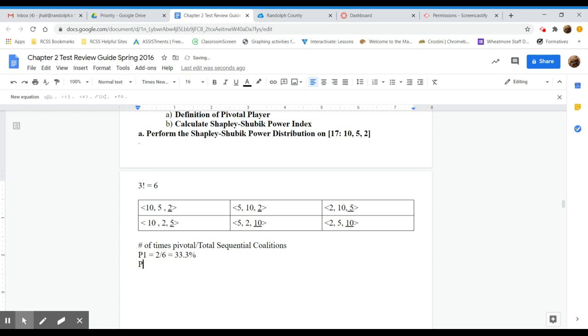And each of them are going to be this way. Player 2 is pivotal 2 out of 6, right? 2 times it was pivotal, 5 was pivotal there, and 5 was pivotal here. So again, 33.3% of the time. And then player 3, same deal here, 2 out of 6, which is 33.3% of the time. So there you go.